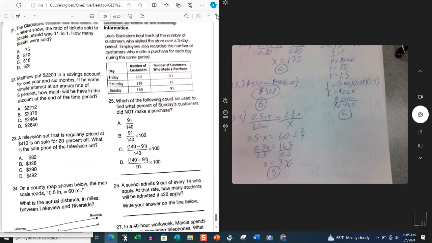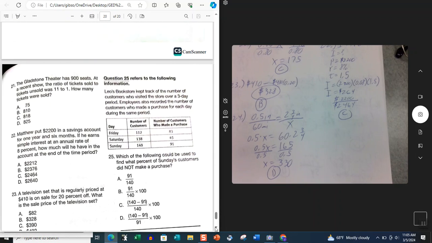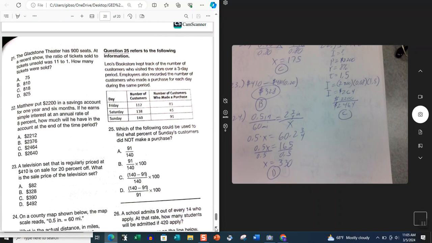Okay. We move on to 25. It says, question 25 refers to the following information. Leo's bookstore kept track of the number of customers who visited the store over a 3-day period. Employees also recorded the number of customers who made a purchase for each day during the same period.